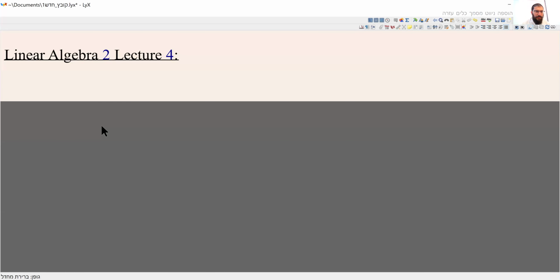So one, we can write the characteristic polynomial explicitly, where A is a matrix of n by n. So let's write it down with lambda instead of x, for example.